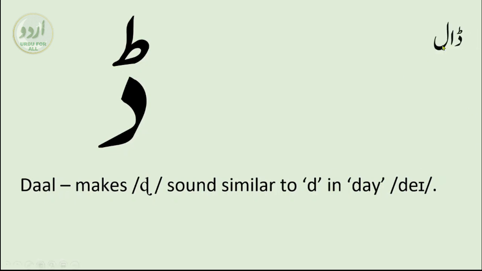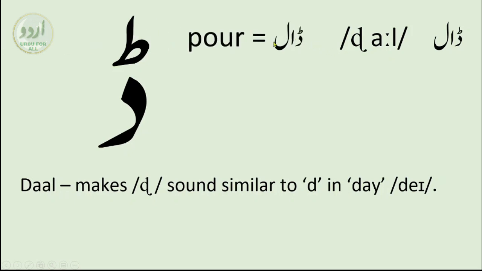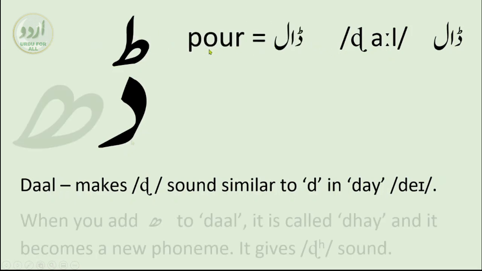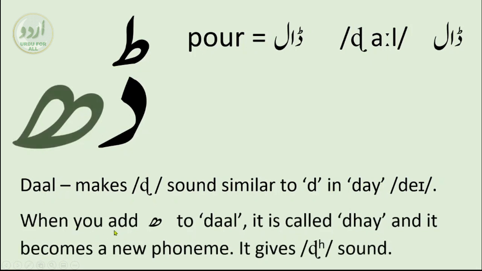Now, look at this word. You should be able to read it now. D, a, l. Dal. Dal is a verb which means pour. When you add this do chashmi hai to dal, it's called de, and it becomes a new phoneme.